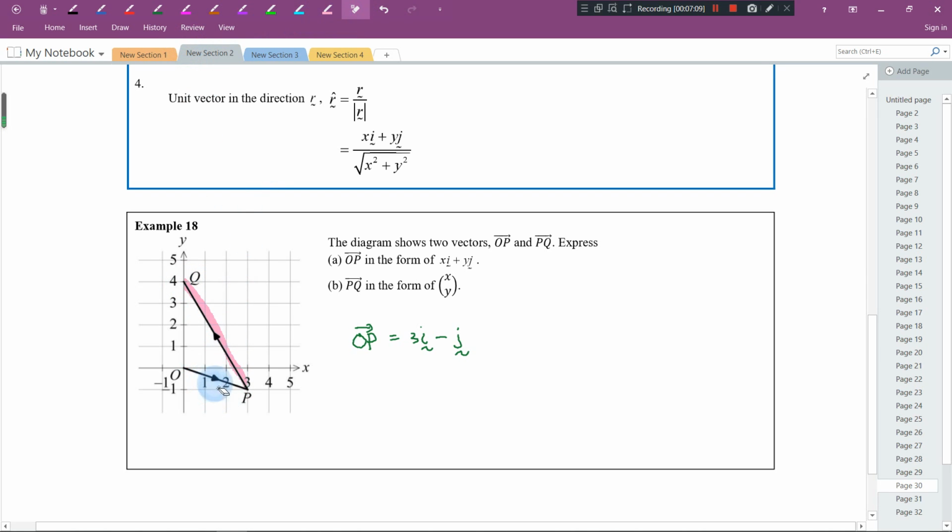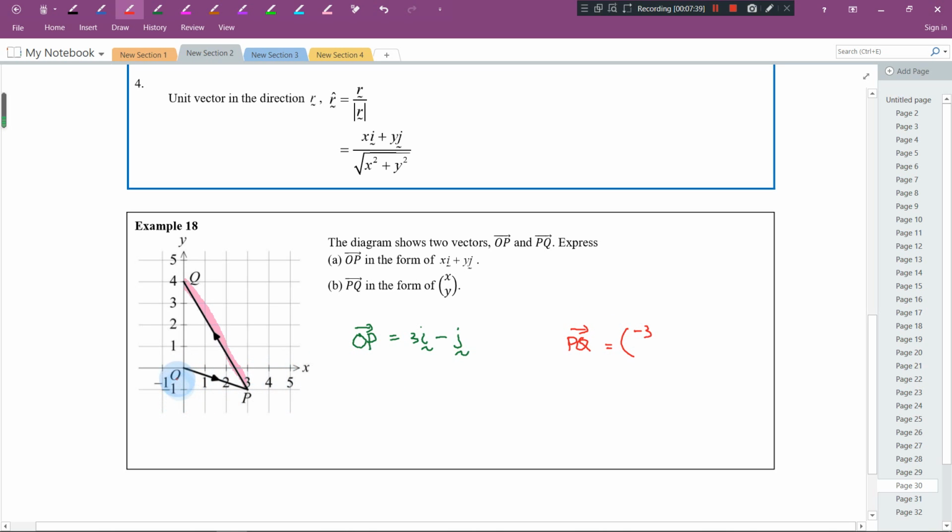Let me erase this one first. Okay, remember this is for i, left or right. This is for j, up or down. So now 1, 2, 3, go to the left hand side, 3 units, that's why I put negative.